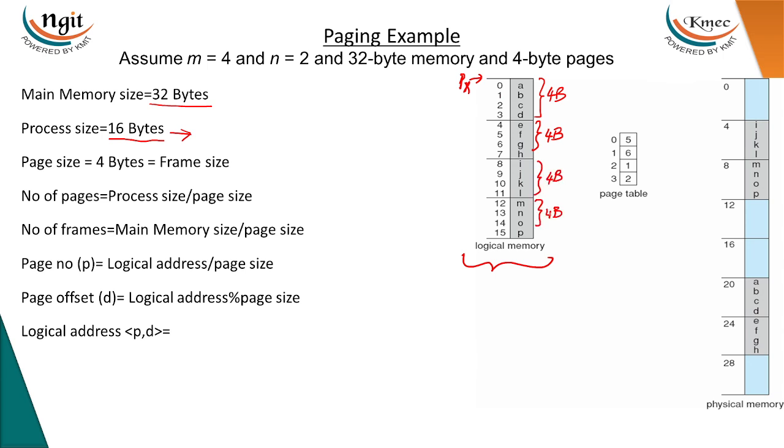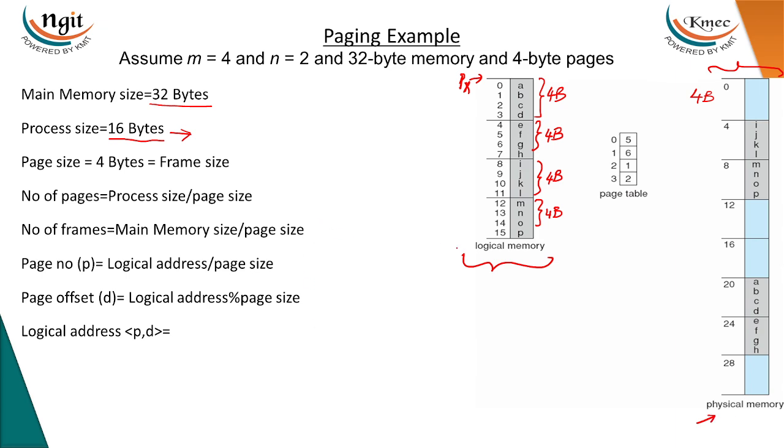The system will divide the process into pages of 4 bytes, and the physical memory is also divided into frames of 4 bytes, because frame size should be equal to page size.